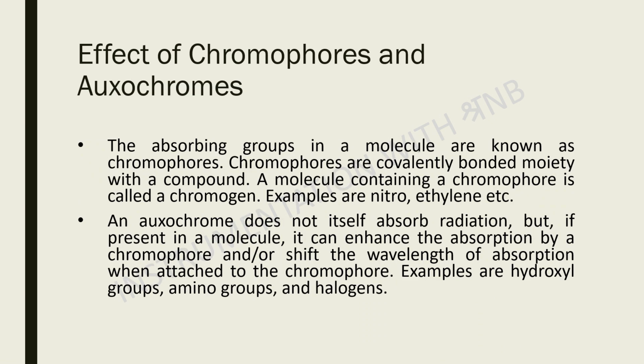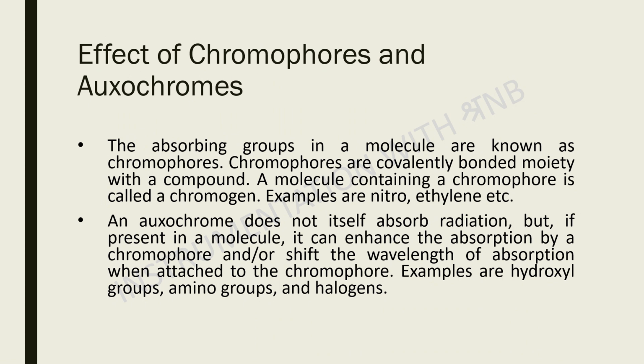Effect of chromophores and auxochromes. Chromophores are the absorbing groups of a molecule that are covalently bonded with a compound. Examples of chromophores are nitro, ethylene, etc. A molecule containing a chromophore is called a chromogen. Basically, a chromophore is an unsaturated moiety.